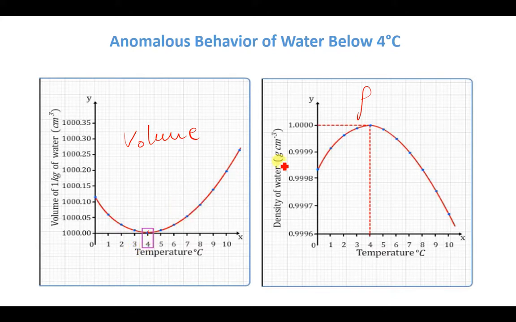The density is maximum, which is equivalent to 1 at 4 degrees. So as you increase the temperature, the density also increases up to 4 degrees, and then from 4 degrees it begins to reduce. This is what I just talked about in the first slide.